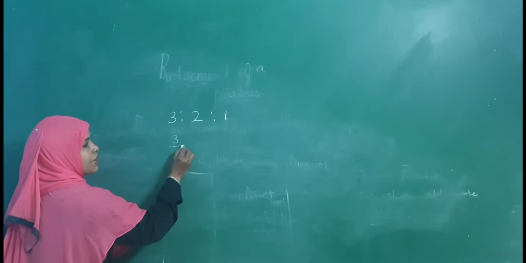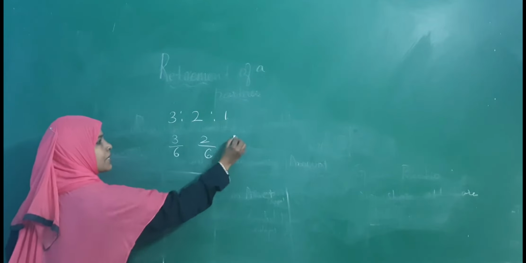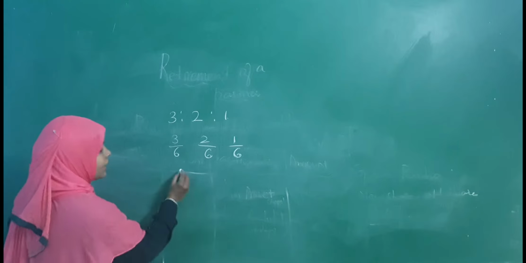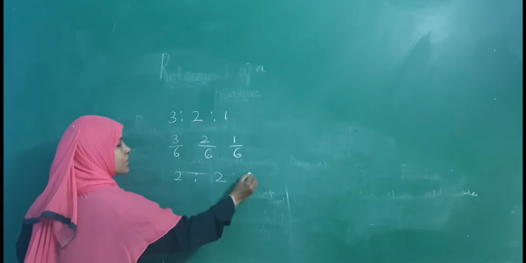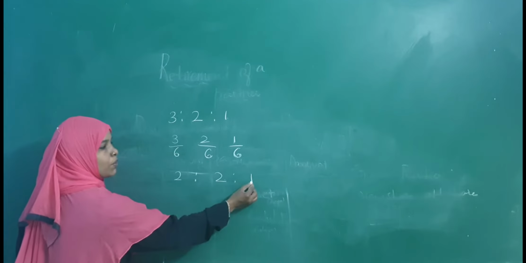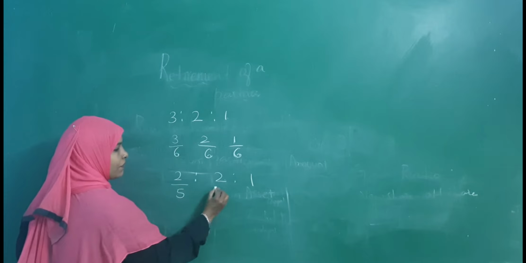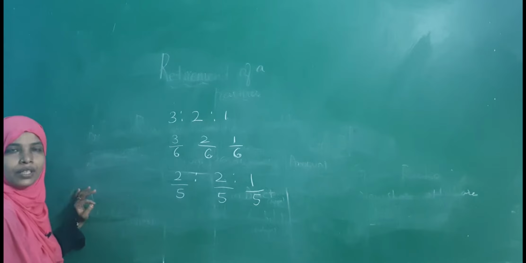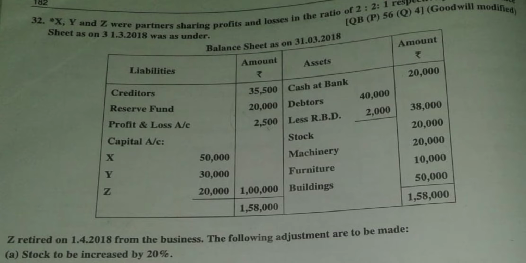So it is 3/6, 2/6 and 1/6. You should not make mistakes in ratios. In this sum they have given 2:2:1. So 2 plus 2 is 4, 4 plus 1 is 5. So it is 2/5, 2/5 and 1/5. Fine. So now let us start with the sum.